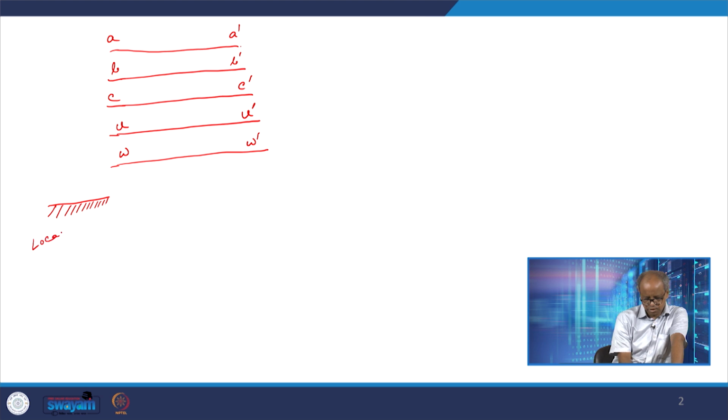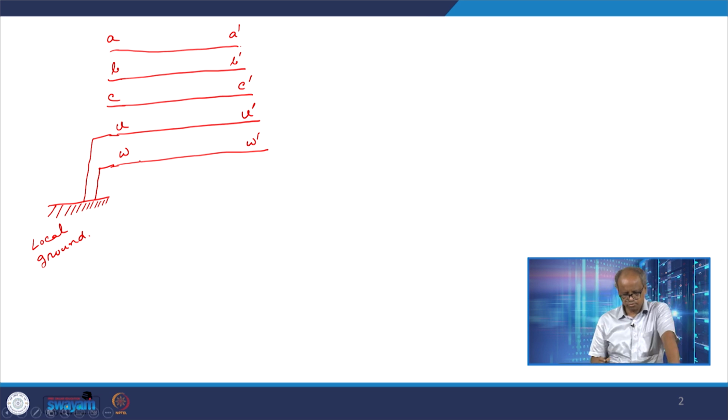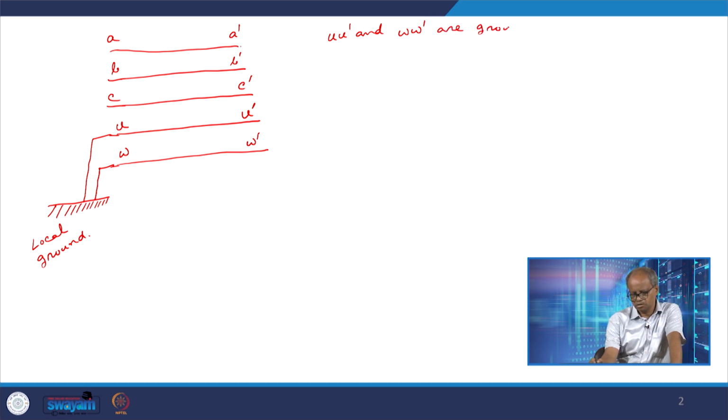We are doing the same thing again and again: local ground, and this is a ground conductor, this is also another ground conductor, and this is phase ABC. So, U dash and W dash are ground conductors.